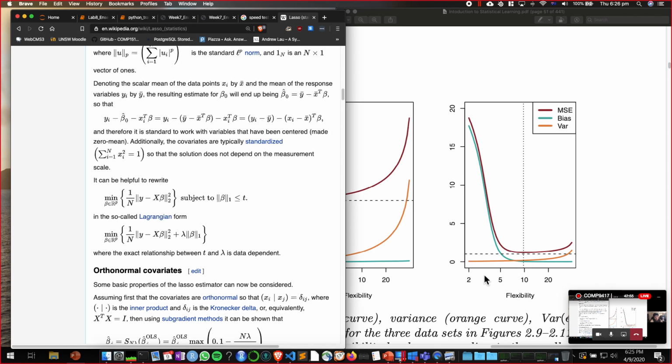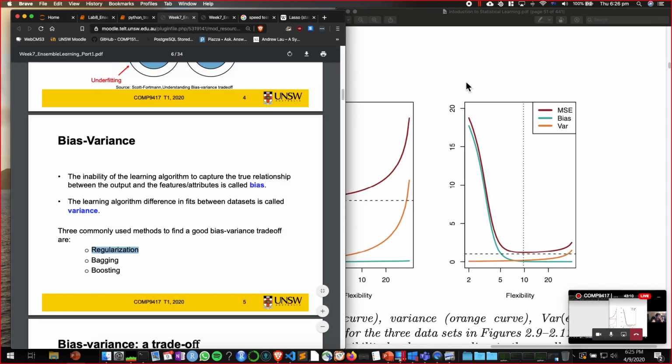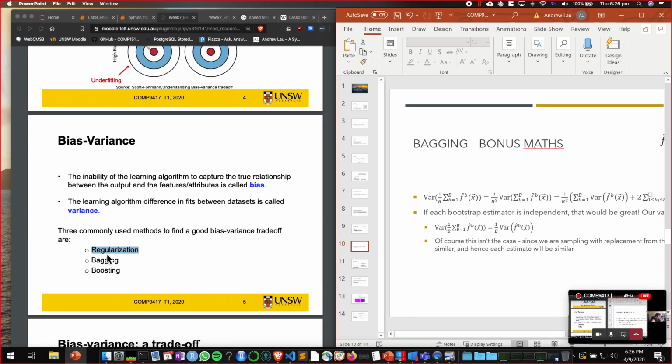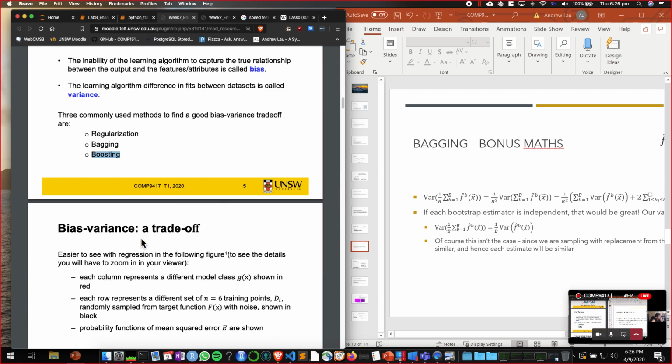So in practice, if you're actually fitting a lasso model, you vary your lambda, and you work out what the optimal point is, right? In this case, it's here. So that's what Geller means by regularization. Bagging and boosting we'll talk about in a moment.